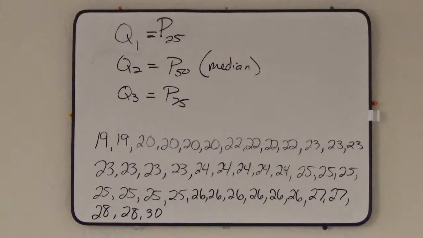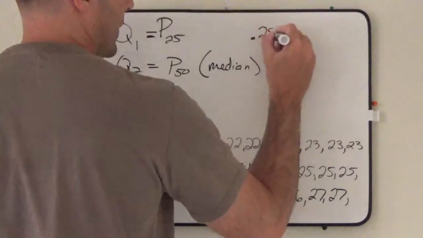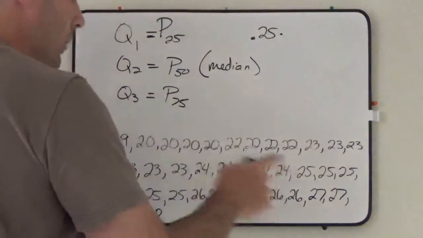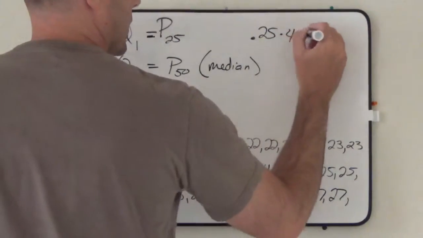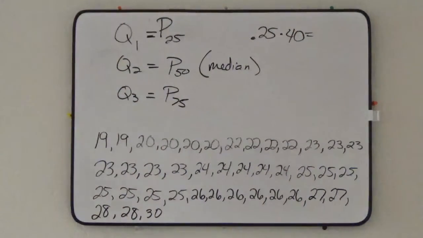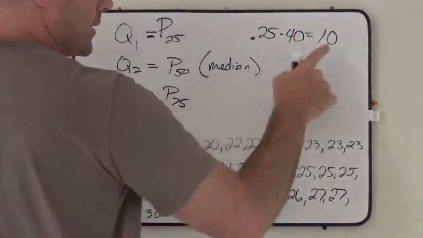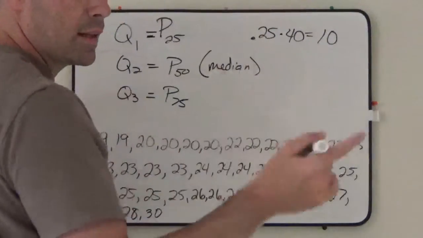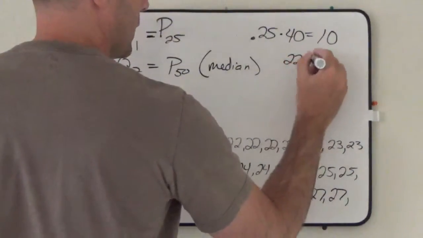Well, quartile 1 is the 25th percentile, right? So that would be 25 over 100, or 0.25, times the total amount of data here, which in this case is 40. And when we solve that, we would get 10, which we already know. 10, since it's a whole number 10, that means the 10th and 11th terms, halfway between them, that was 22.5.